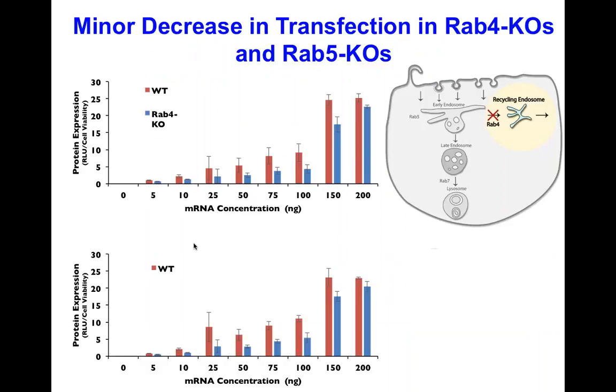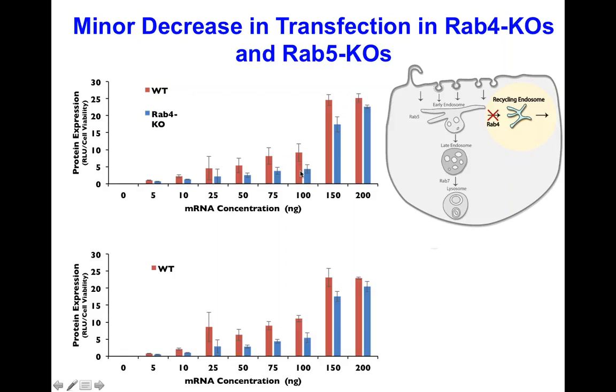And what we did was a very simple experiment in which we took lipid nanoparticles that were having a messenger RNA that codes for luciferase. We transfected these cells, wild type versus RAB4 knockouts that inhibits recycling, and looked for the functional activity of mRNA. That's the luciferase activity, divided by the cell viability for normalization.